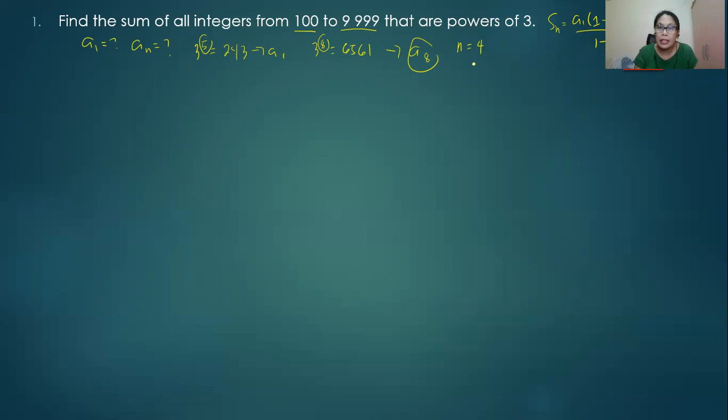We are actually adding 3 to the 5th, 3 to the 6th, 3 to the 7th, and 3 to the 8th.